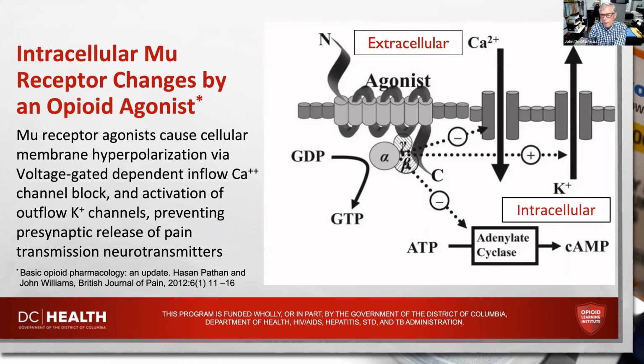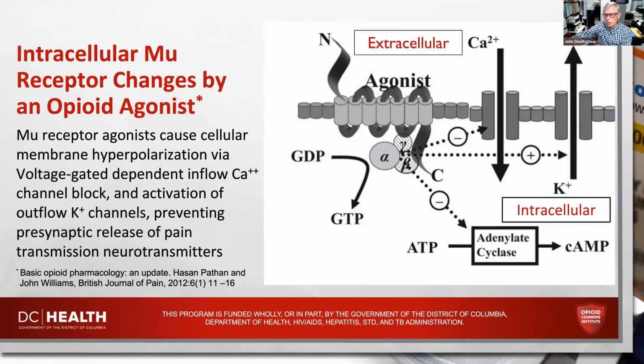Okay, now, this is just to show you in a sense how complicated this whole system is. But in short, the way the agonists that stimulate the mu receptor work is they block the inflow of calcium.